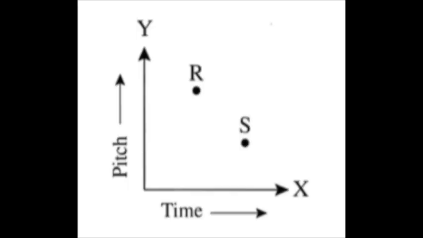When it comes to notation on the staff, our system of musical notation is similar to a graph in which time is indicated on the x-axis and pitch is shown on the y-axis. We can see here R occurs before S in time, and it is higher than S in pitch.